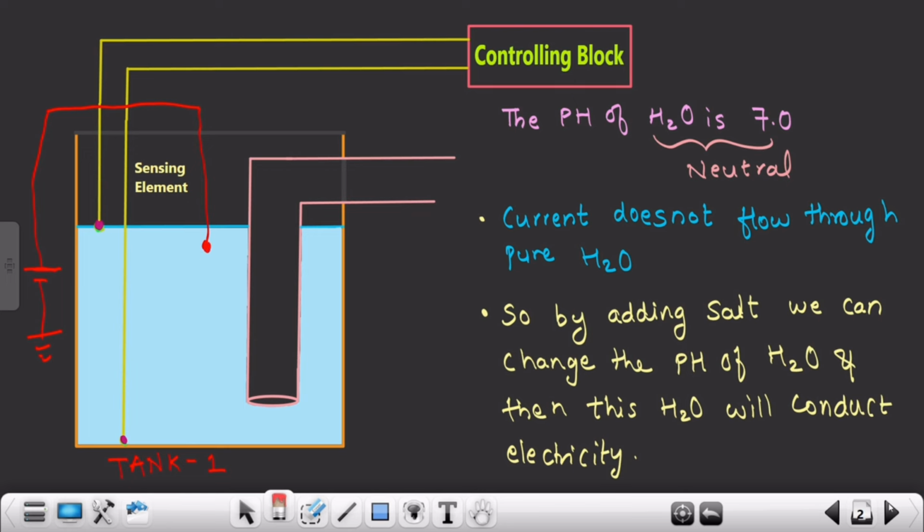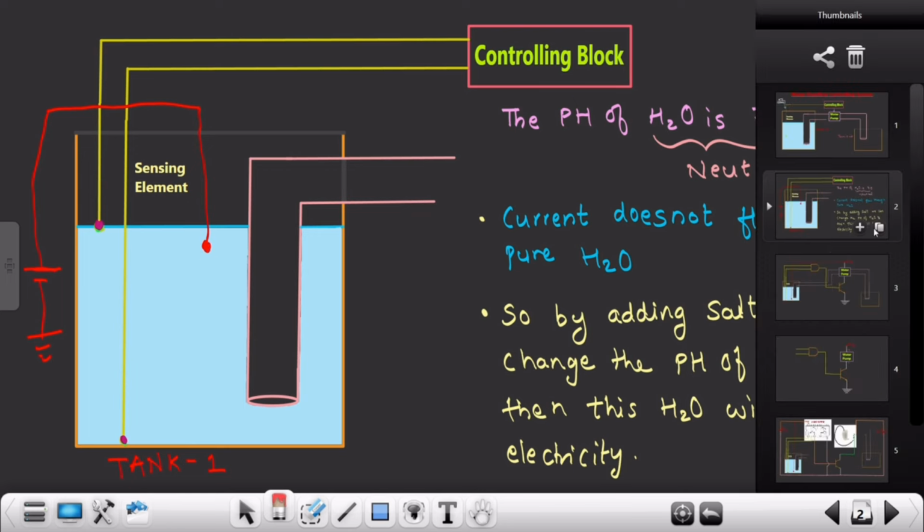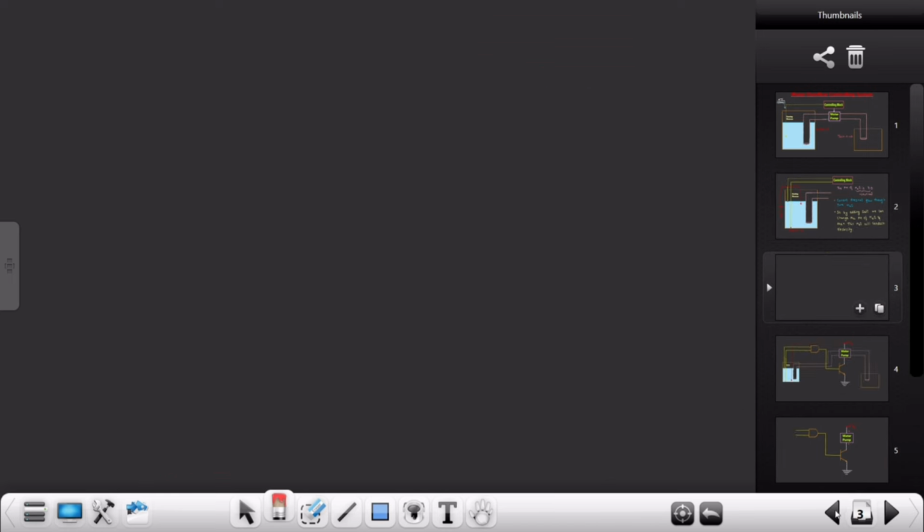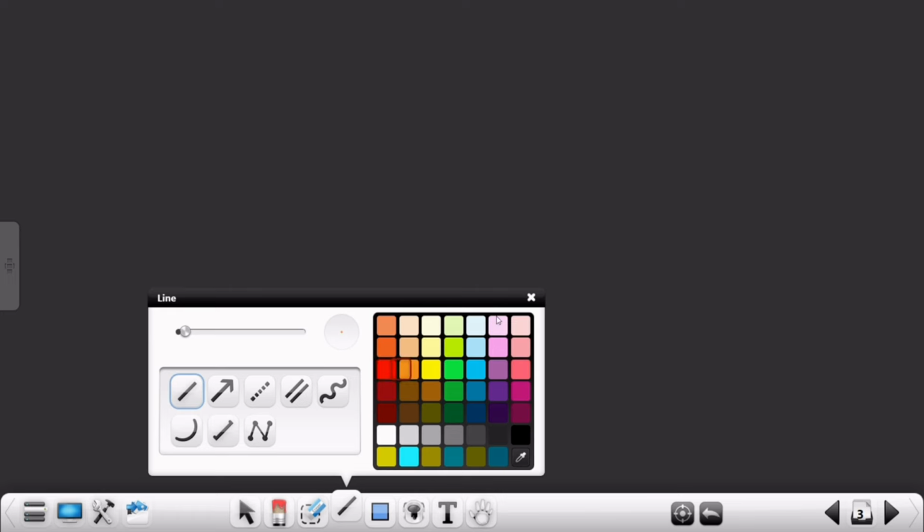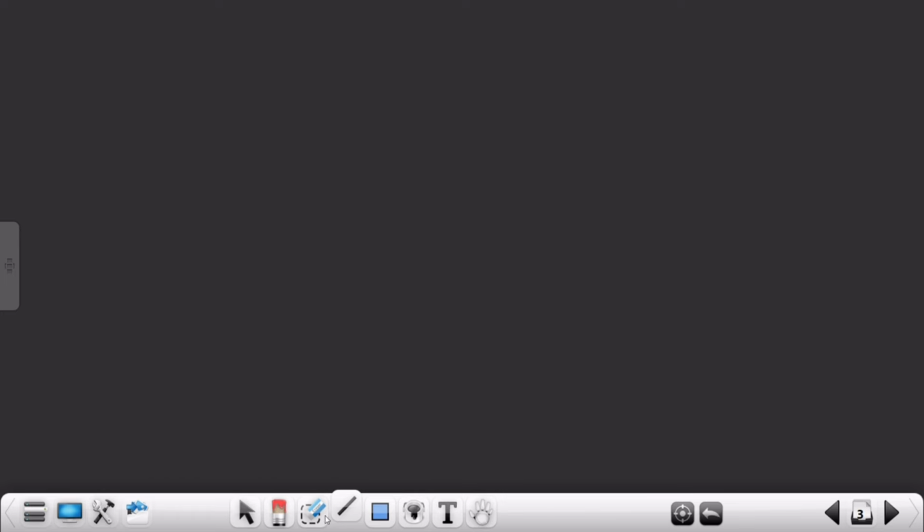Now let me add one more slide over here, and let me take the two cases. So let's assume this is your tank 1, and these are the 2 points where we had kept the wires.